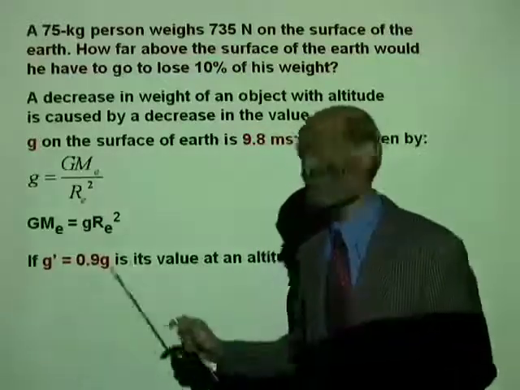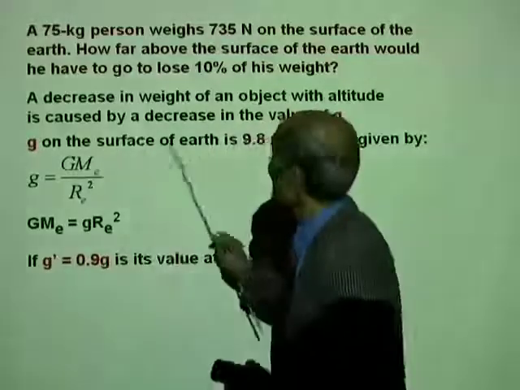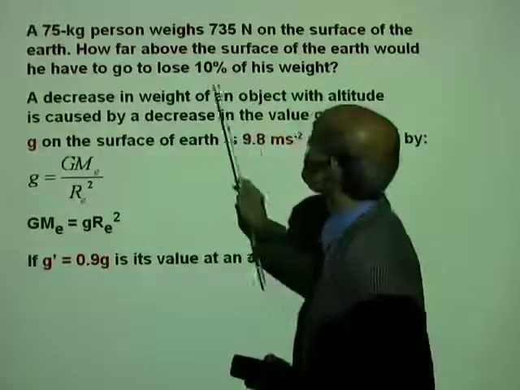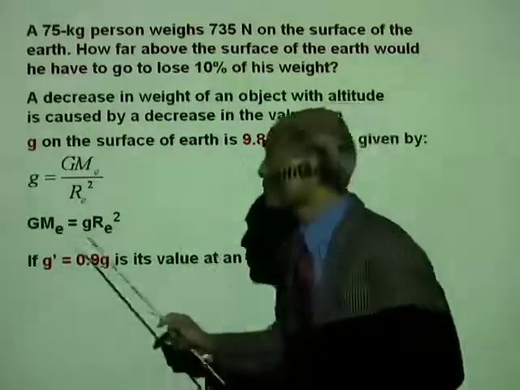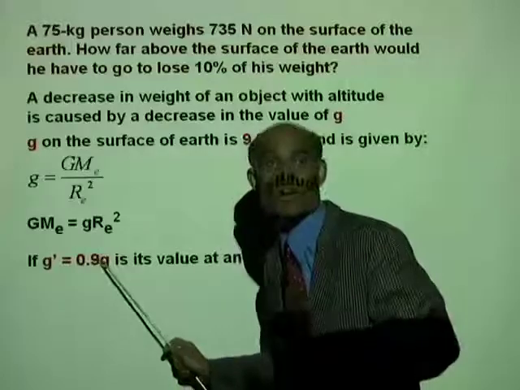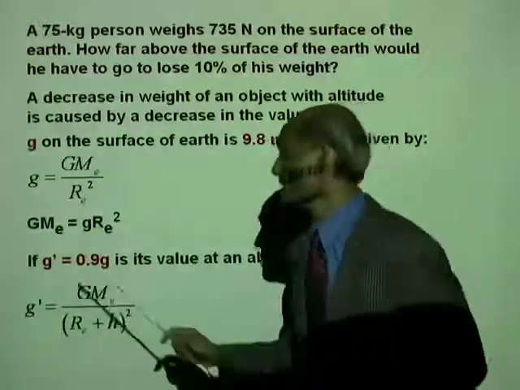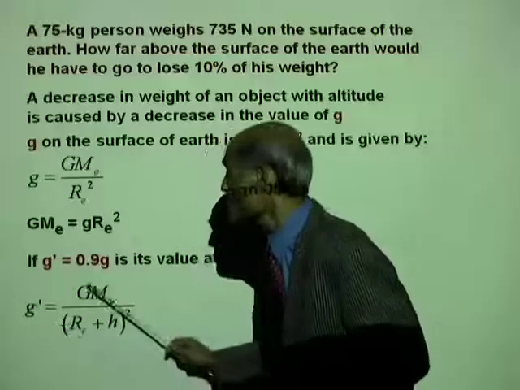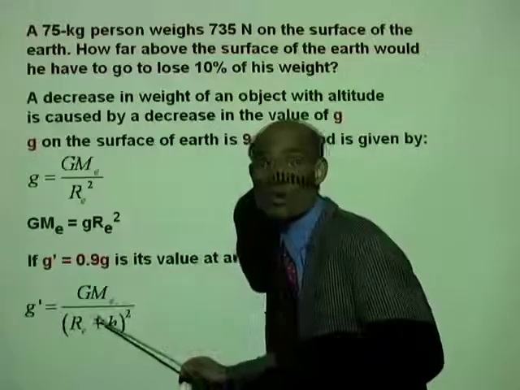Is that right? So g prime, the value of g at an altitude h, which we need to find, how far above the surface, will be 90% of the value of g on the surface of the earth. So g prime equal to GME over Re plus h all squared.